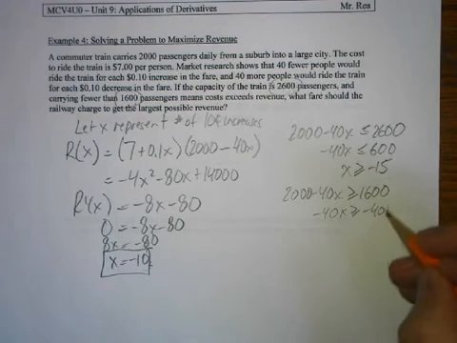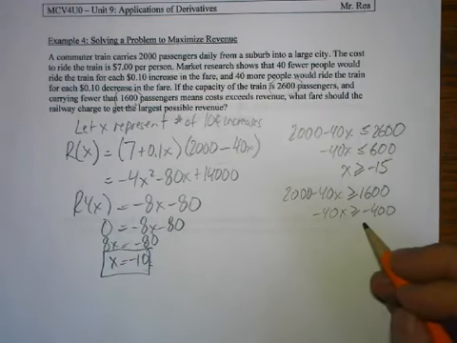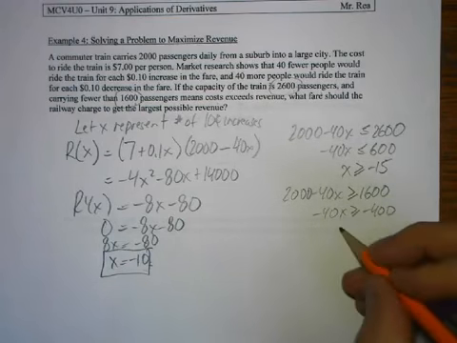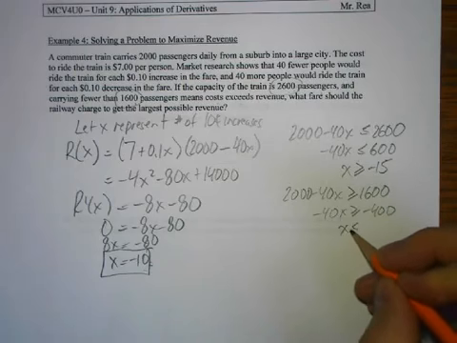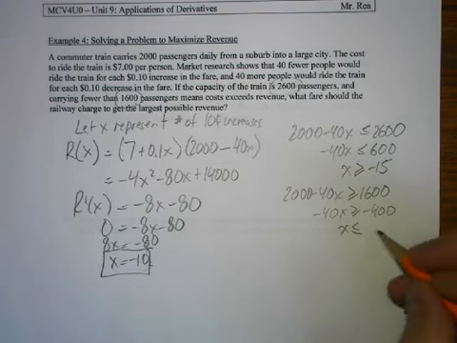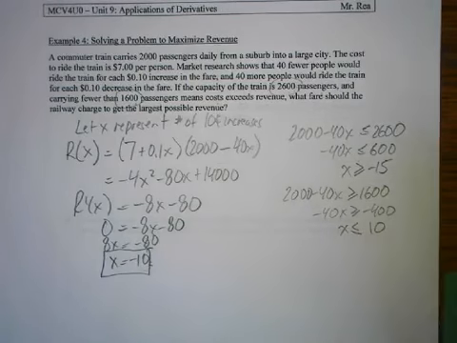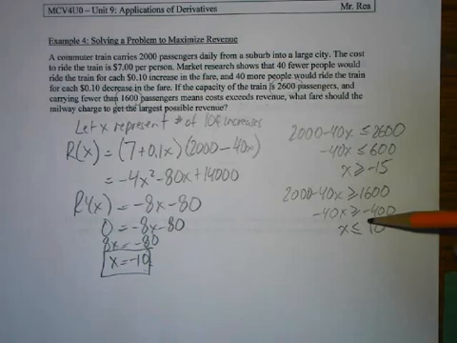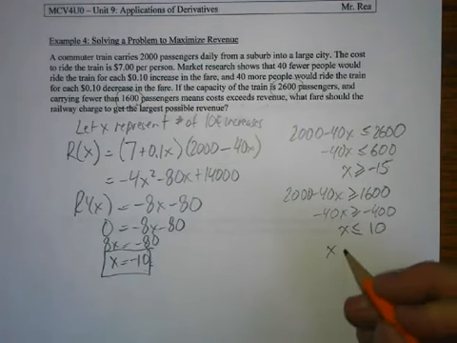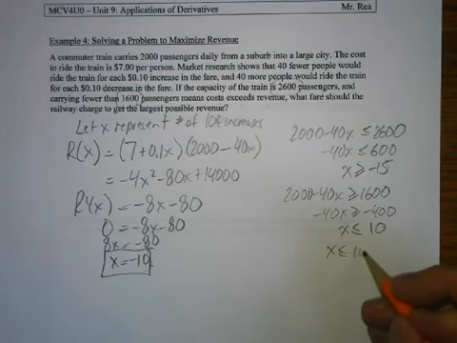Now this time, again, dividing by negative 40, the sign flips. So that becomes 10. So here, X has to be less than or equal to 10, and greater than or equal to negative 15. Put them together: X has to be between negative 15 and 10.